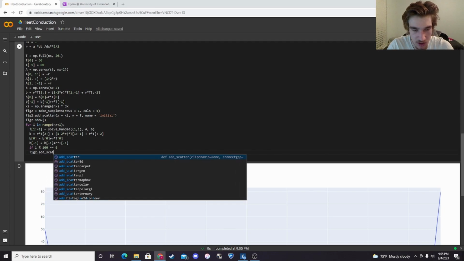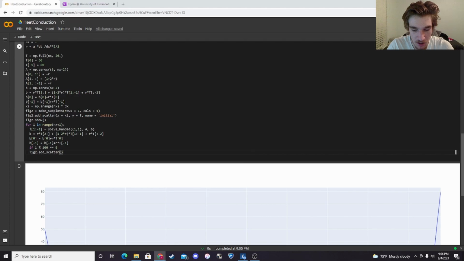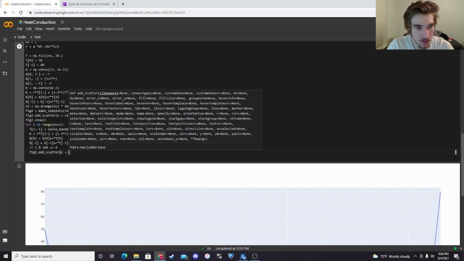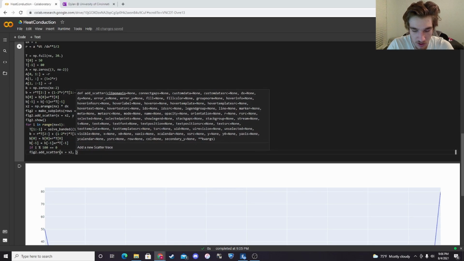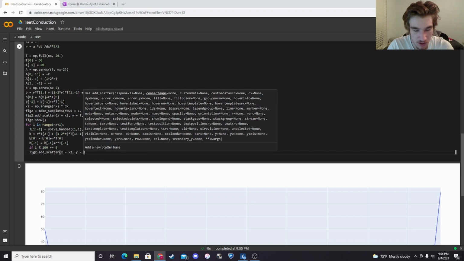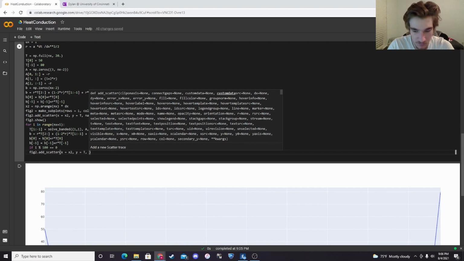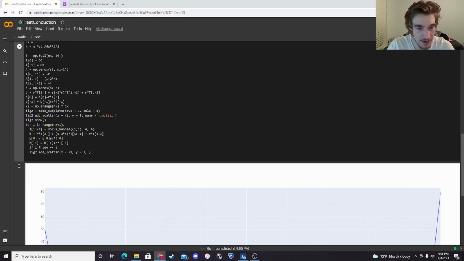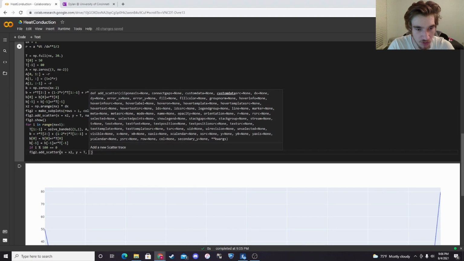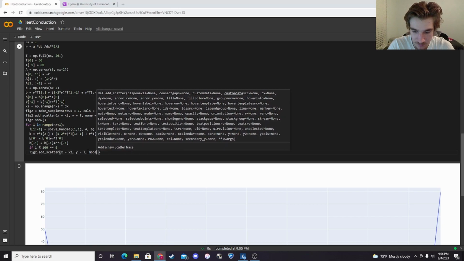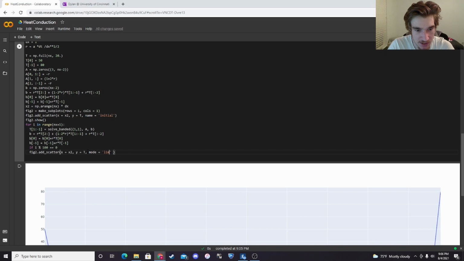Add_scatter of x equals x2, y equals t, and then mode is equal to lines.